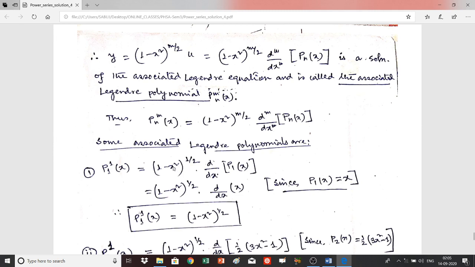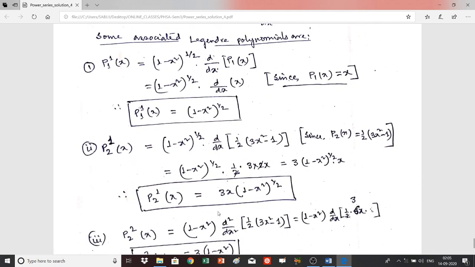So it will give you 1 minus x square to the power half d by dx of P1(x), and this P1(x) is nothing but the Legendre polynomial. You know that P1(x) is equal to x. So you write here d by dx of x, and this will give you P1^1(x) is equal to 1 minus x square to the power half.